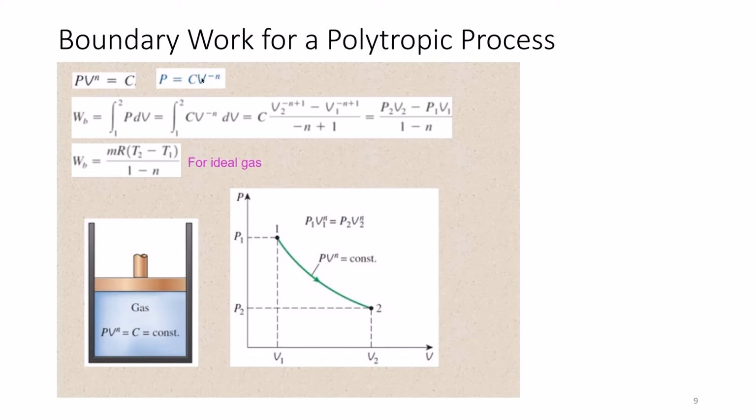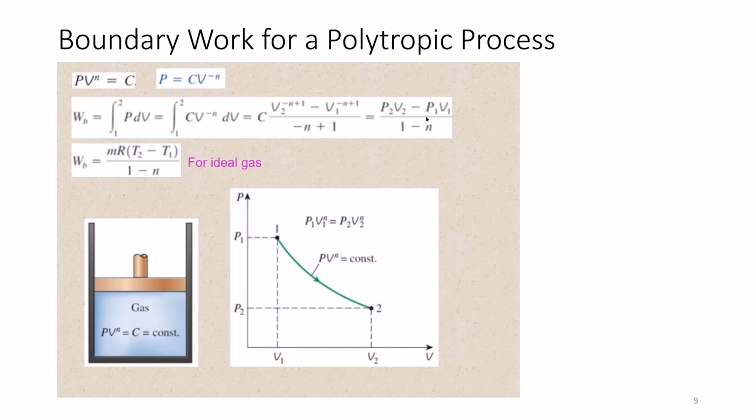Divide both sides by v raised to the n power, and we're looking at boundary work as before. Here's our standard equation. We make this substitution in here for pressure, and then we perform the integration. The end result is our equation after we perform the integration between those two limits.